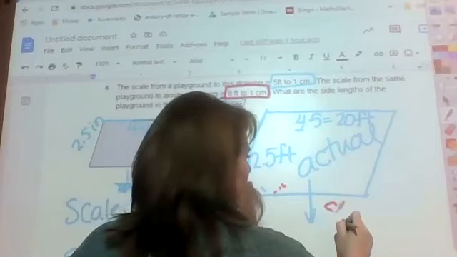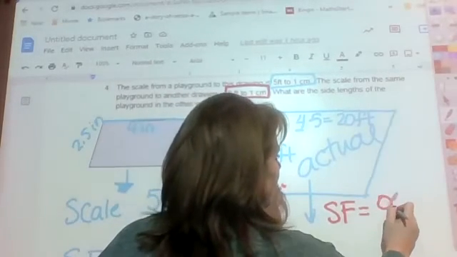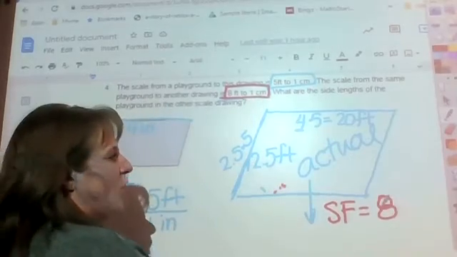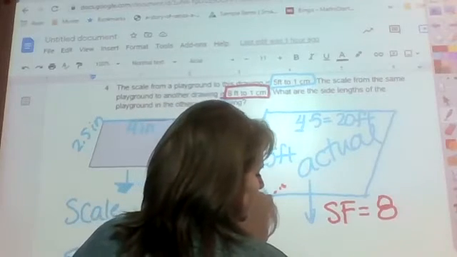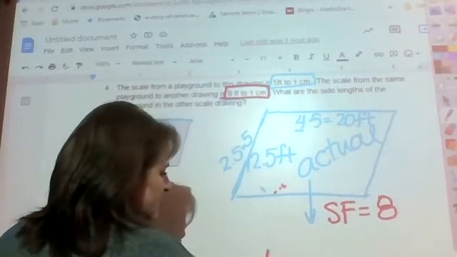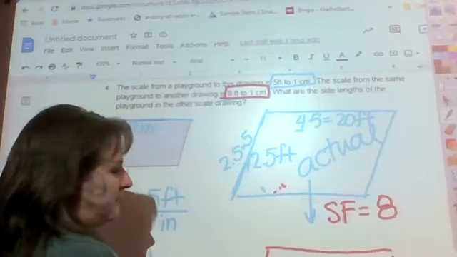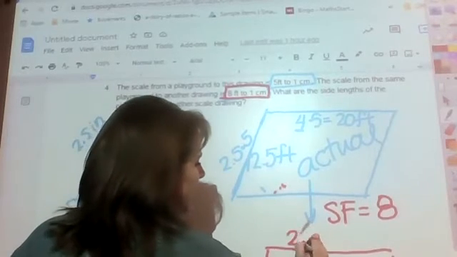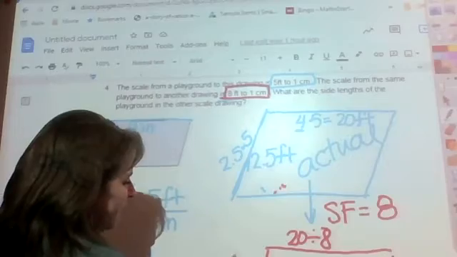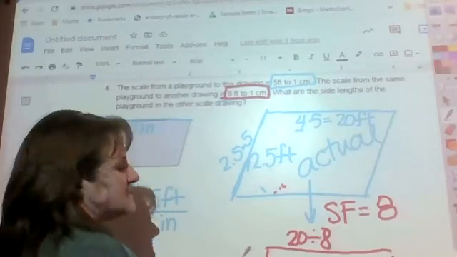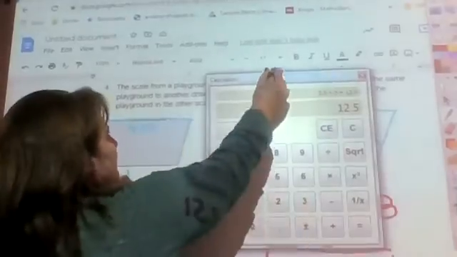So my scale factor is 8. And when you go from the actual down to a drawing, you're going to divide. So here's my new drawing, right? So we're going to go 20 divided by 8 for this side and 12 and a half divided by 8 for that side. So let's see what we get.